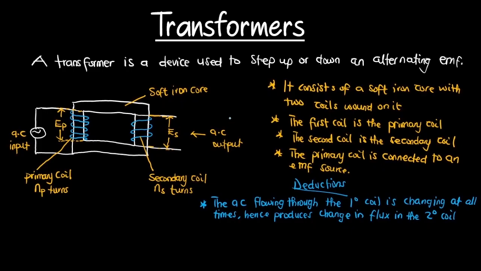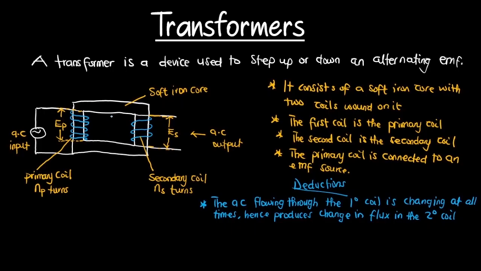Now another thing is the flux that is produced in the primary coil is proportional to the number of turns and the current moving through the coil. So if we look at the primary coil over here, the flux produced by the AC input is inducing another flux to be produced in the secondary coil.